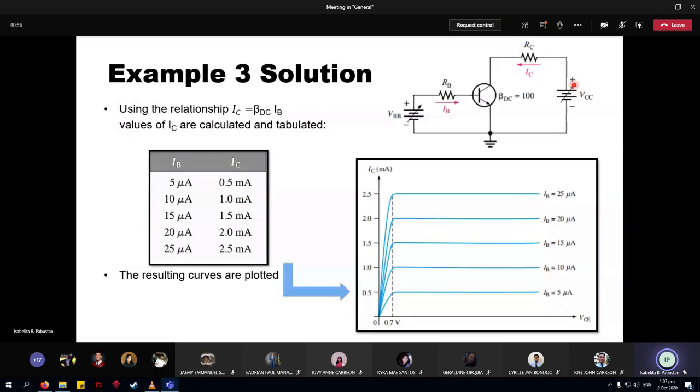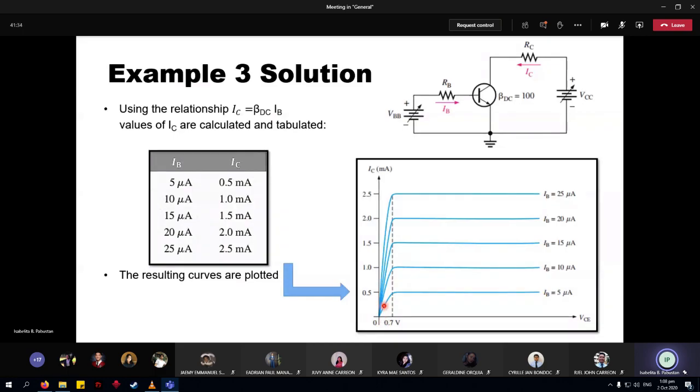Or in an experiment, you vary the VCC so that you will have a VCE of 0.1. I'm not saying to set the VCC to 0.1. You vary it so that the VCE here is 0.1.